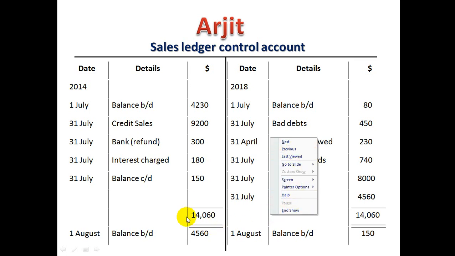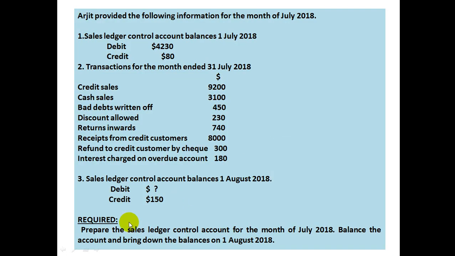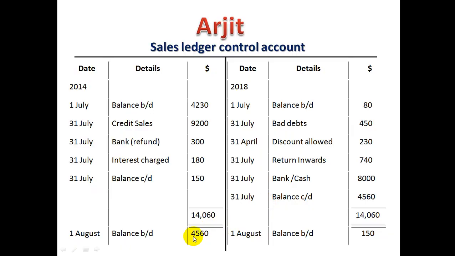So the last requirement of the question, which is to find out the debit balance, is also done by us. We had prepared the sales ledger control account, balanced the account, and shown the balance brought down on August 1, 2018. So this is how the ledger account for Arjit question number 2 will be prepared for the examiner's requirement.